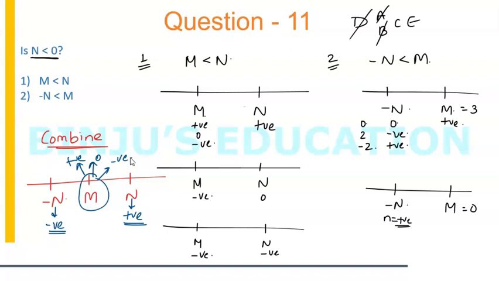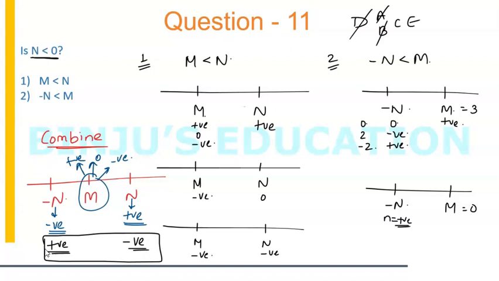What if n is negative? If n becomes negative, then minus n becomes positive, and that's not possible, because on a number line, any number lying to the right is always greater than any number lying to its left.